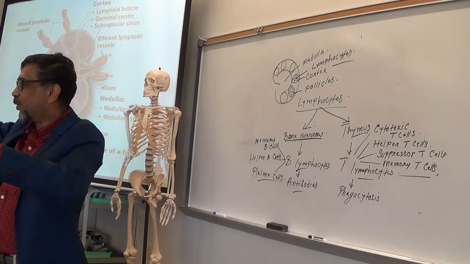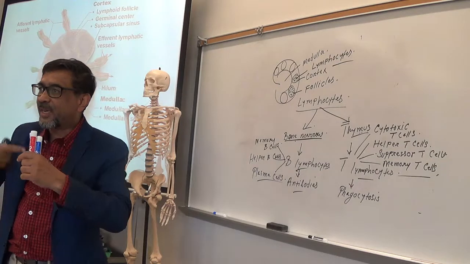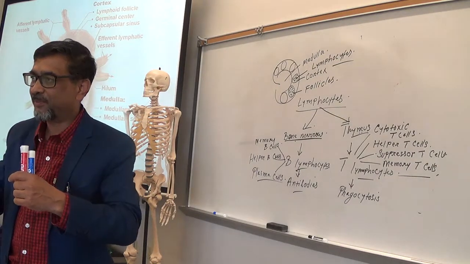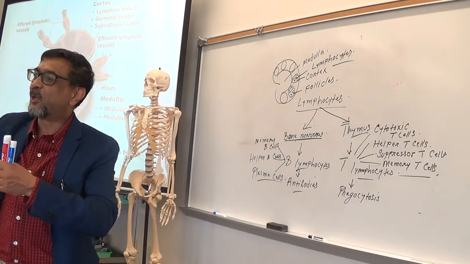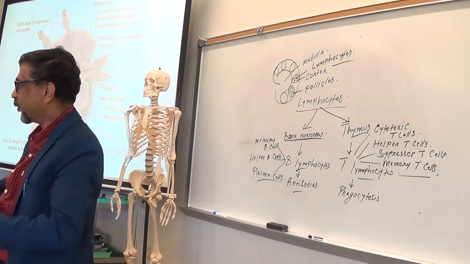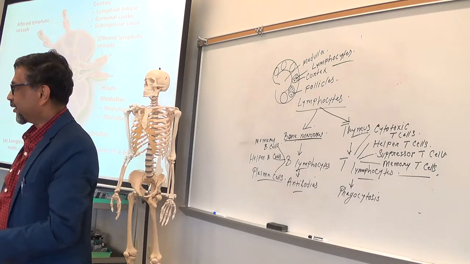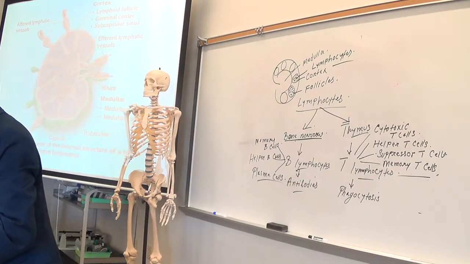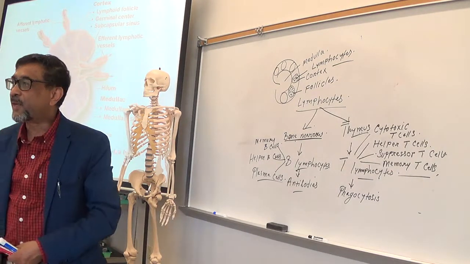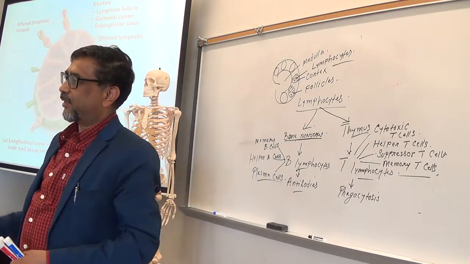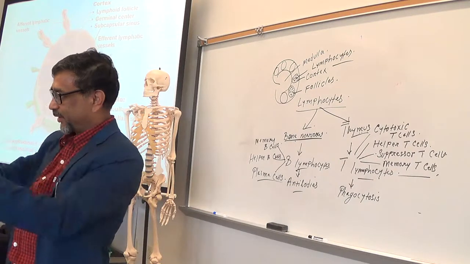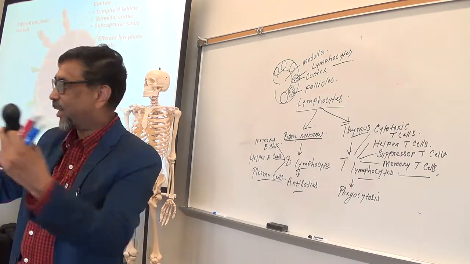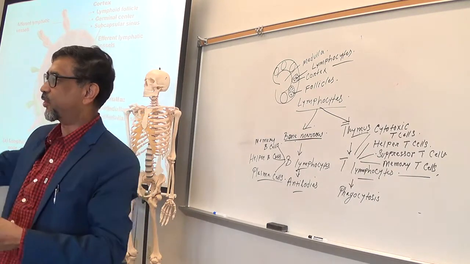Make sense? So what will happen? Fluid will stay for a longer time. More is getting in, but getting out slowly. So the fluid will remain longer, which is very important for the lymphocytes to separate the antigens, the microorganisms or antigens, and destroy them.